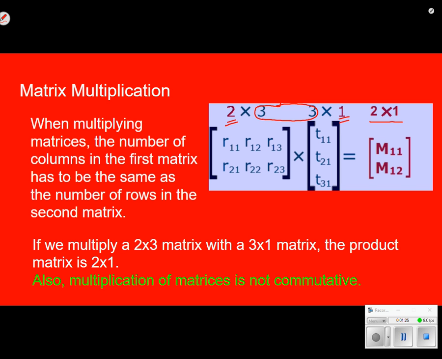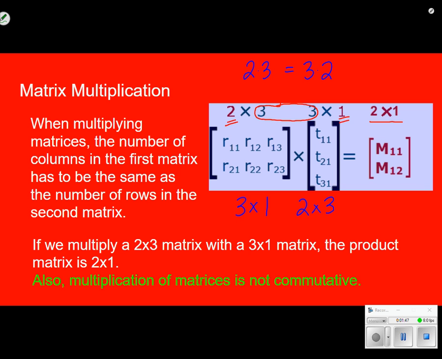So multiplication of matrices is not commutative. You guys know that 2 times 3 is the same as 3 times 2. But let's look at this 2 by 3 matrix on the left and 3 by 1 matrix on the right. Let's flip-flop them. Let's do the 3 by 1 on the left and the 2 by 3 on the right.